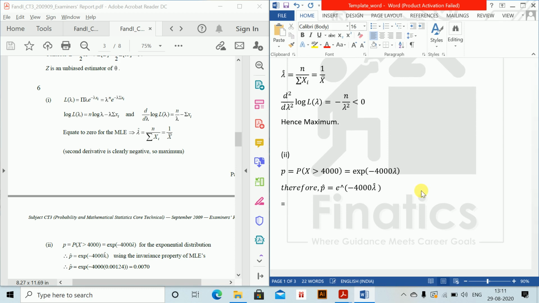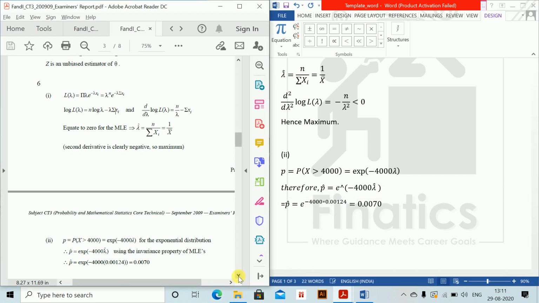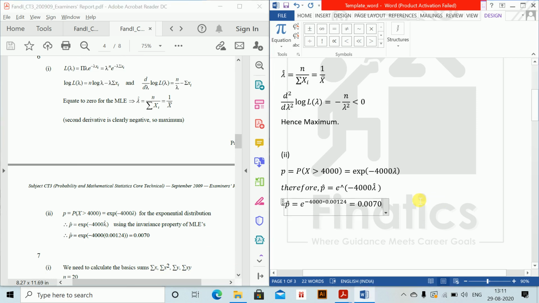Hence P hat is equals to e to the power minus of 4000 into 0.00124, which leads to 0.0070. Okay, this is the basic part. So this completes question 1.